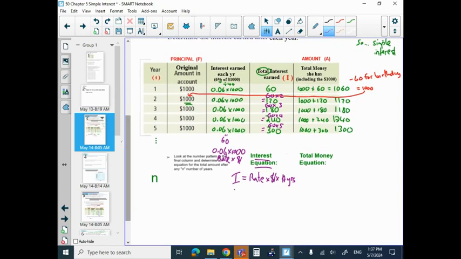That's what it's going to be on the next page. And then here, we're going to do total amount of money, and so it's A for amount. And you can tell that the A, the amount, is equal to the original amount of money invested plus the interest, right? That's just the concept that makes sense from what we saw.